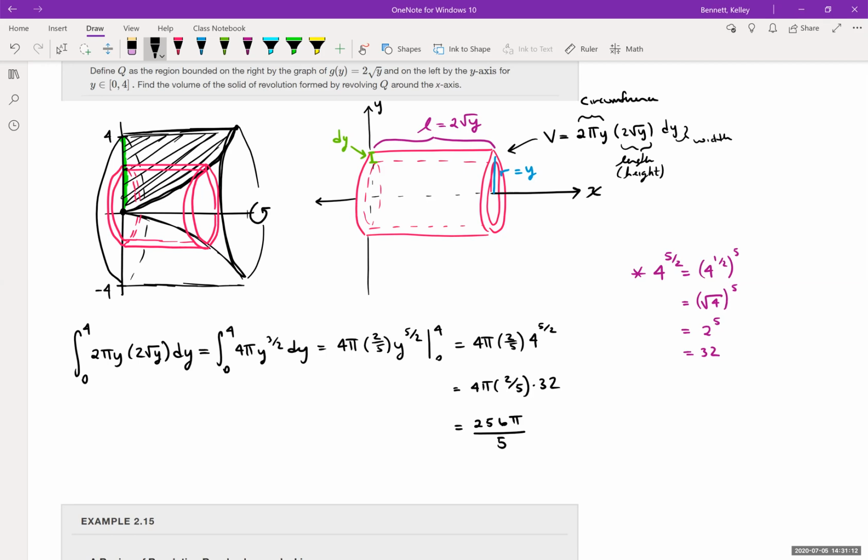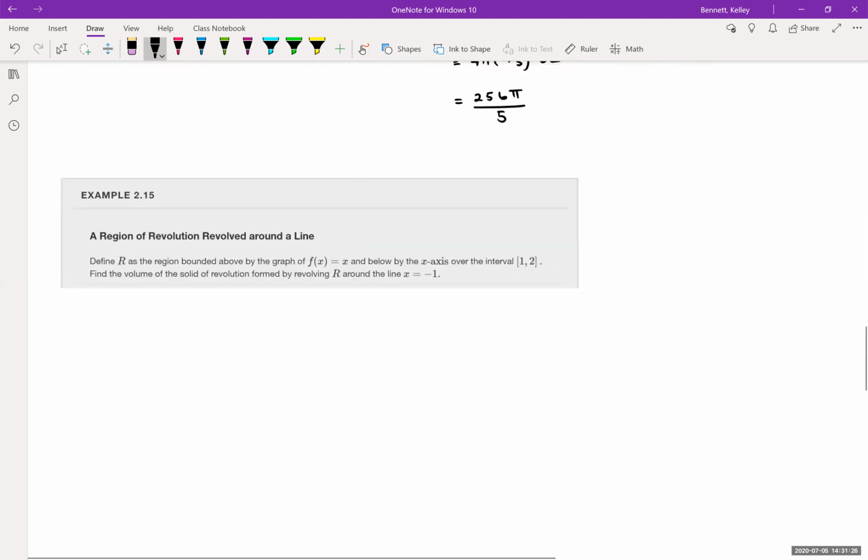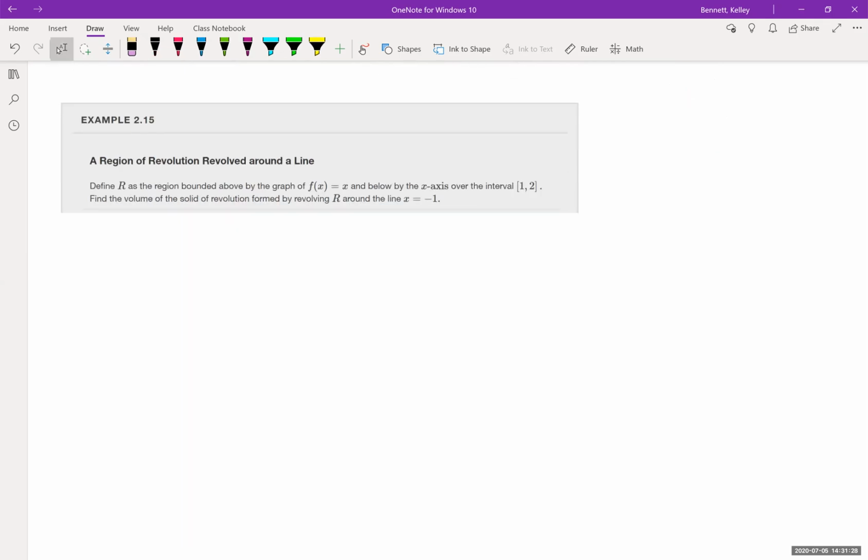All right, so now we're going to elevate the level of complexity. We're not going to rotate about an axis. We're going to rotate just a little bit off of an axis. So this next one, we're going to go about the line x equals -1. It's still the same procedure.